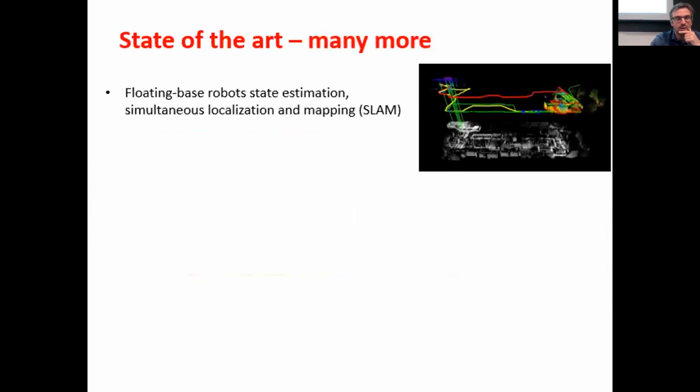Finally, one topic is very important. It's simultaneous localization and mapping. Whenever a robot enters a new building, it needs to be able to create a map of the building and know where it is inside this map. So localize itself inside the map.